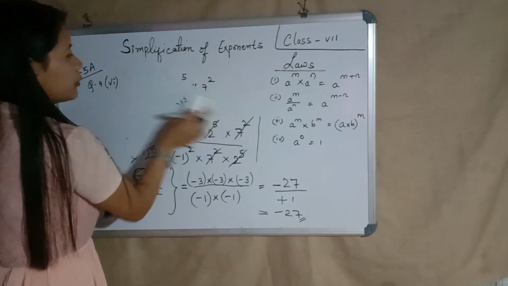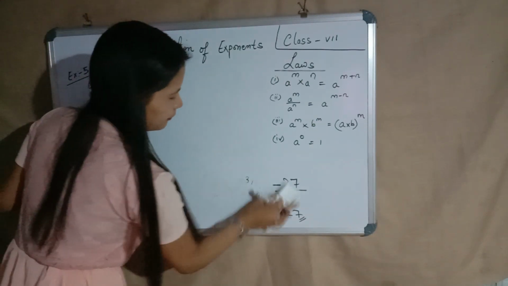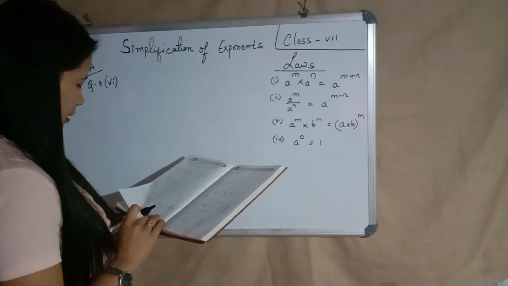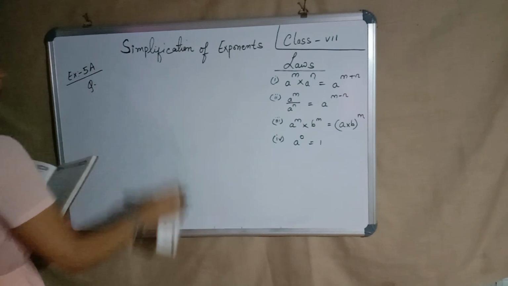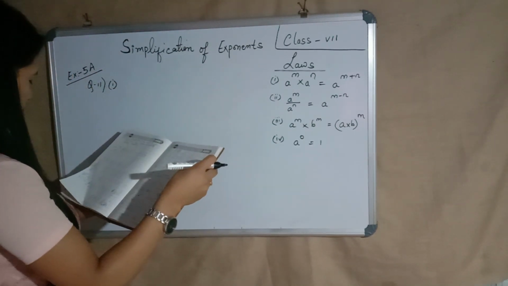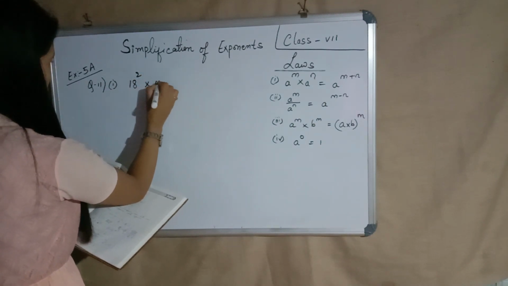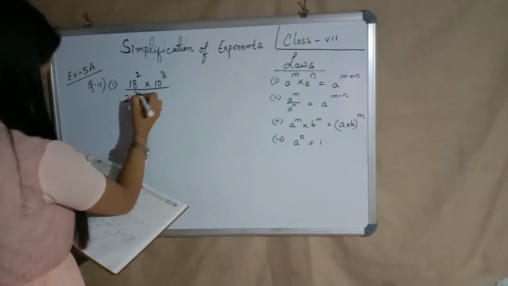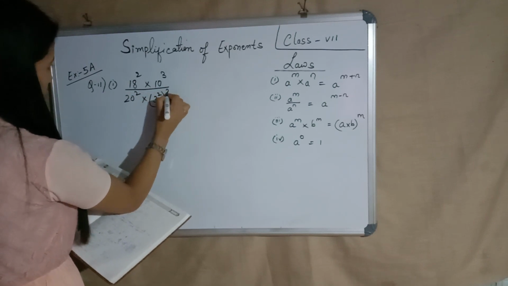Let me take one more example. Now I'll be taking question number 11, Roman number 1, okay? Let me write down the question first. That is 18 square into 10 cube divided by 20 square into 3 square whole square, okay?